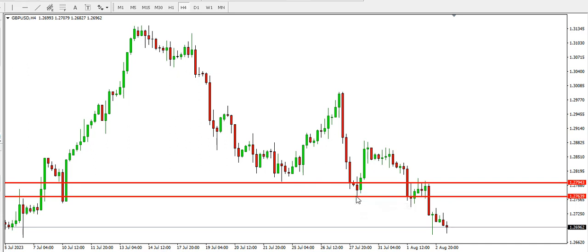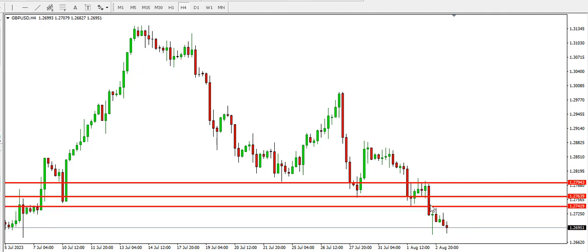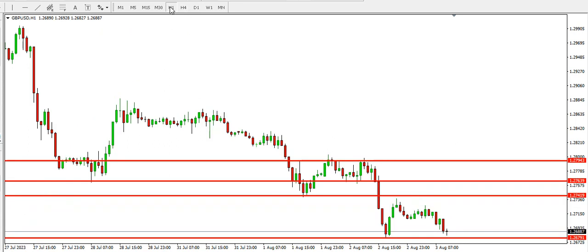Price created another structure broken around here. We have another structure again broken around here. We have this structure, and as time goes on, we expect it to be broken. So price is likely to slide down some more.